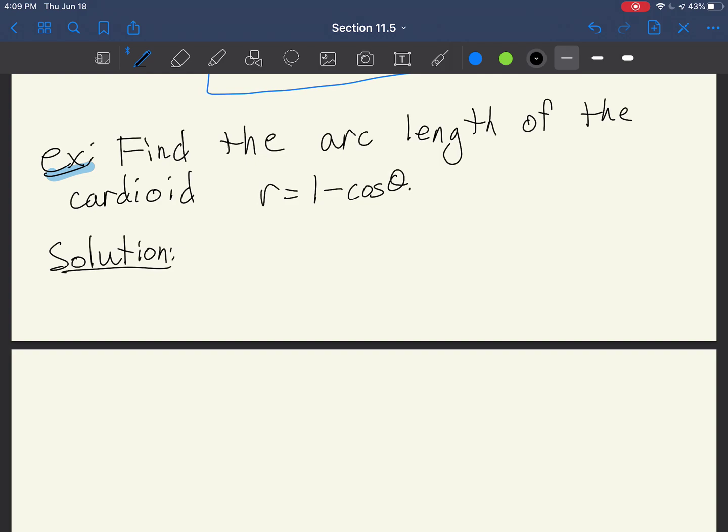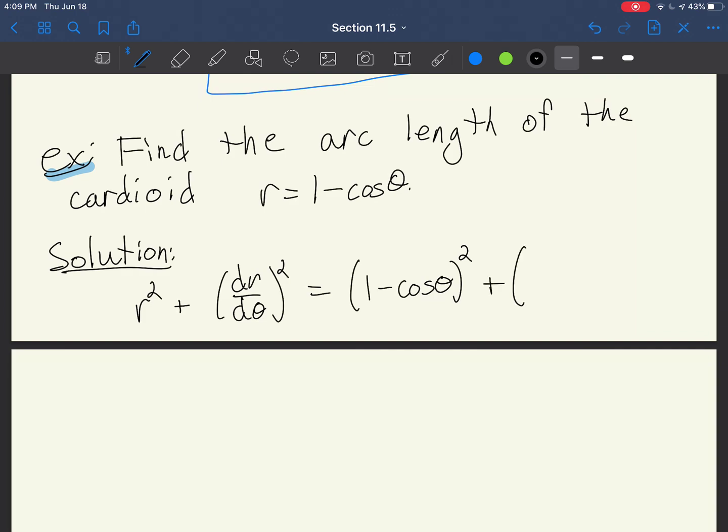Same cardioid as the last example, but we're finding the arc length. Solution, we're going to need r squared plus dr d theta quantity squared. So let's go ahead and manipulate this and get it as reduced as we can before plugging it into the integral.